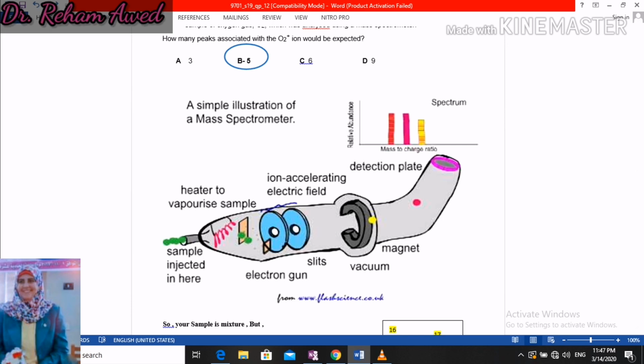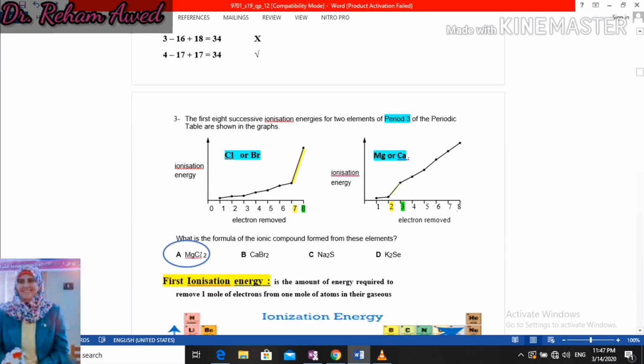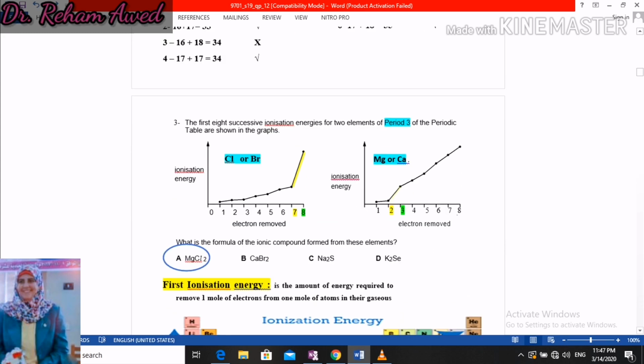So, in general, if the gas is diatomic, we are talking about probabilities. But if we are talking about a monoatomic molecule, we will have the same number of peaks as the number of isotopes. Okay?